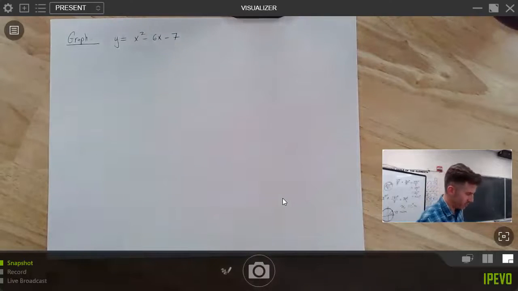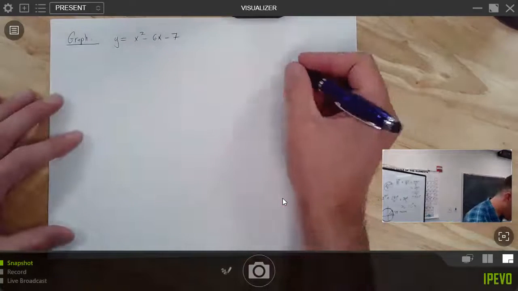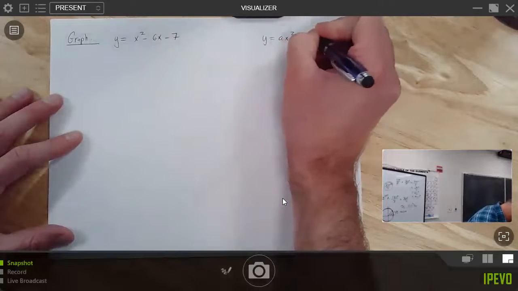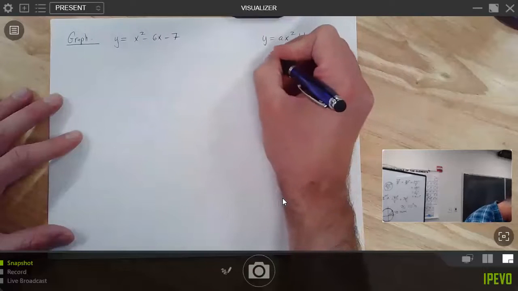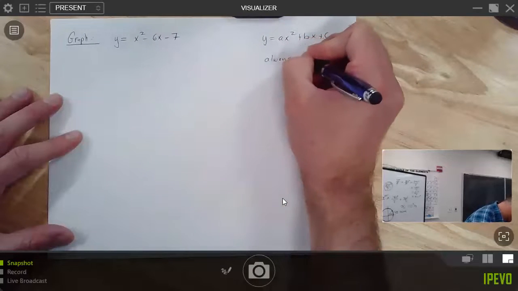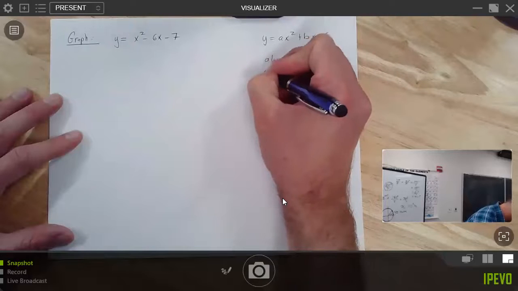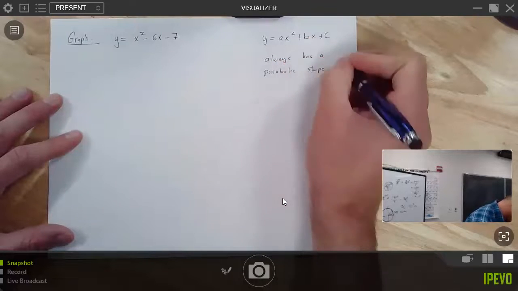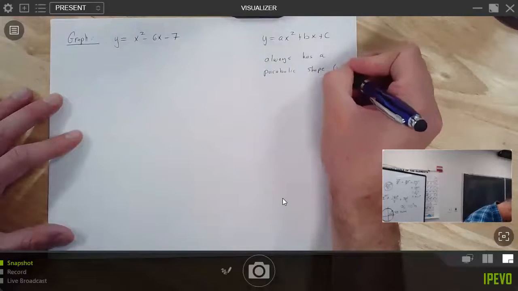But here's the thing. When it's a quadratic graph like this, we know it's going to have a parabolic shape, right? If you have something of the form y equals ax squared plus bx plus c, it always has a parabolic shape, as long as a doesn't equal 0.